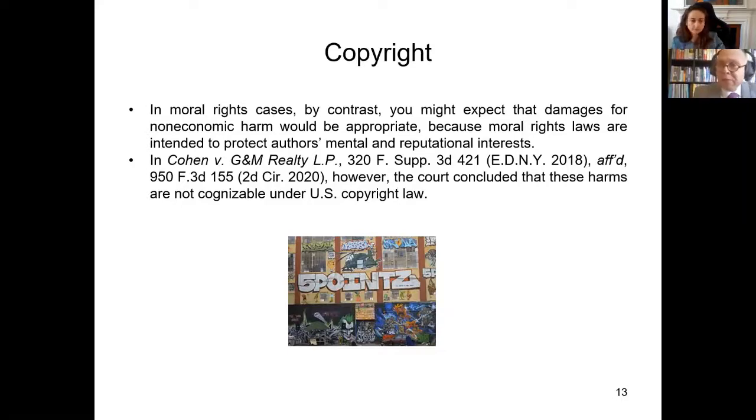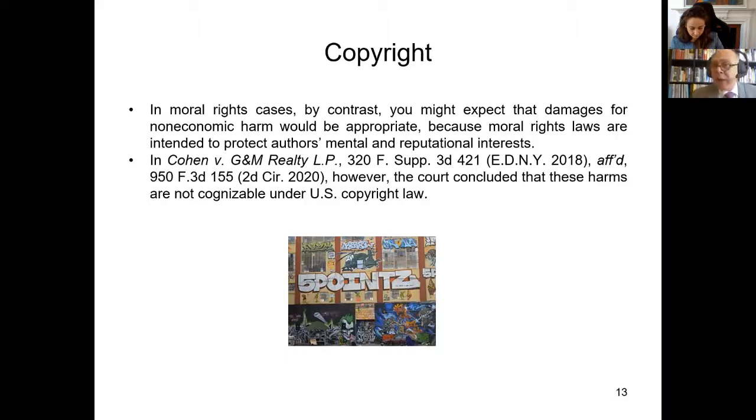So the story is that there was a warehouse complex in Queens, one of the boroughs of New York City. And for many years, graffiti artists would tag the building with their art, and this was done with consent of the building owner. So there was authorization, there was consent on the part of the owner of the real property.